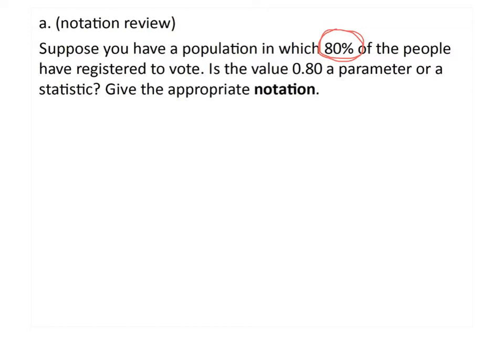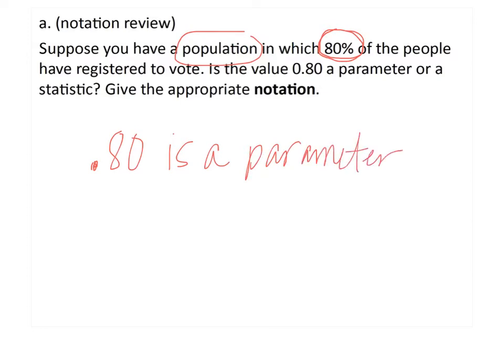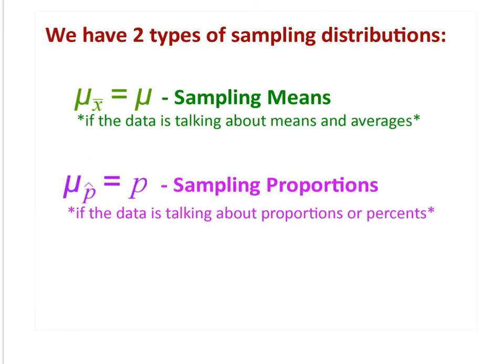Well, it's talking about 80% of the population, so 0.80 is a parameter because it's dealing with the population, so we say P equals 0.80. If it was a sample, we would say P hat, but since it's the population, I just use P. So keep that notation in mind as we talk about our two types of sampling distributions.